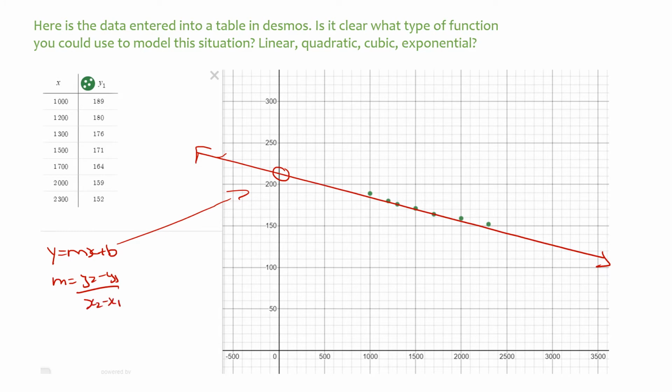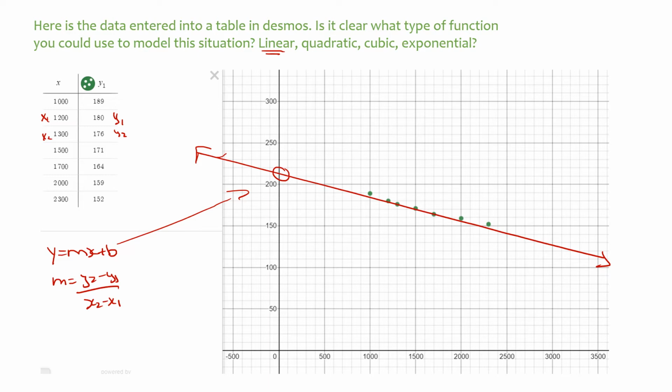And I would use any of these points here. Maybe this 1200 would be my x1, and then 180 would be my y1. Here's an x2 and a y2. Pick whatever pair you like, calculate the slope of the line. So that's one way to do it. That's linear. So it certainly could be represented with a linear relation.